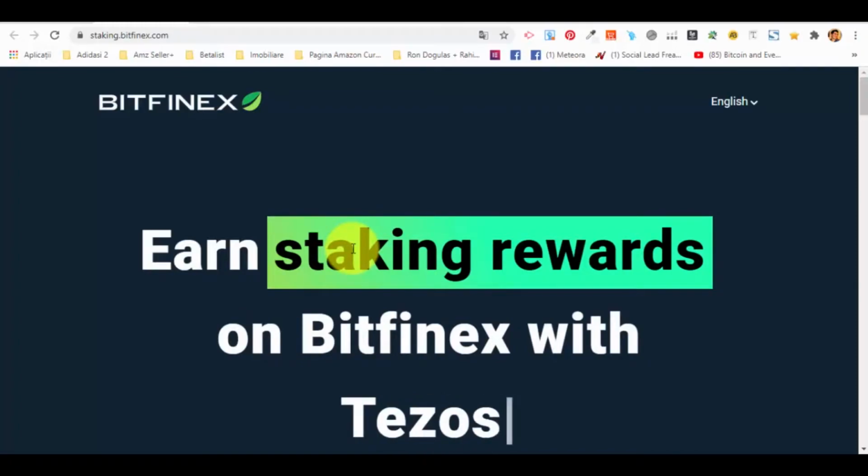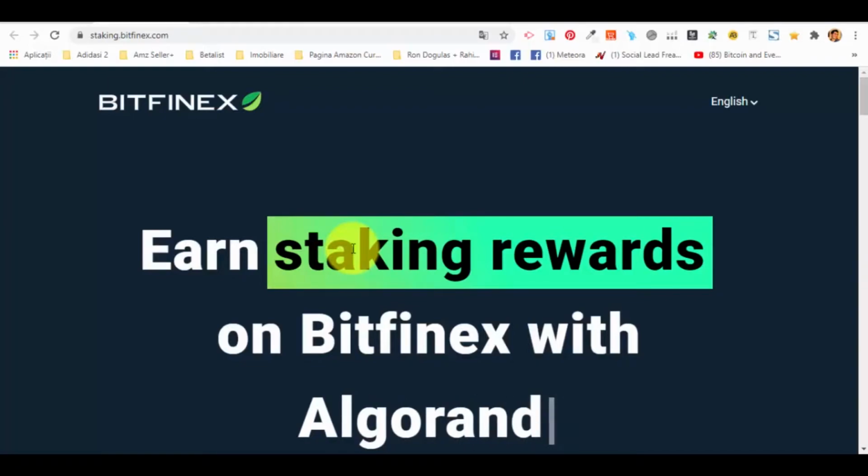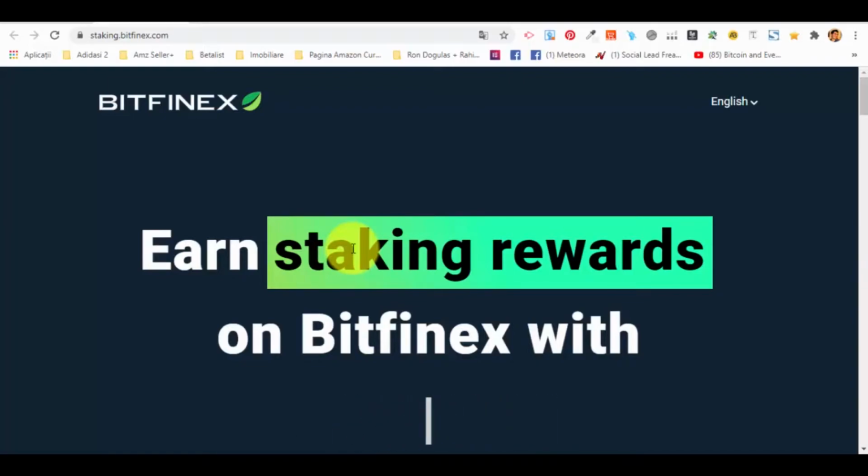Staking means putting those cryptocurrencies that you have, for example Ethereum or others, to work, and it will generate a reward. Your coins will be part of bigger projects, and they will generate a reward because the platform is using them for that.